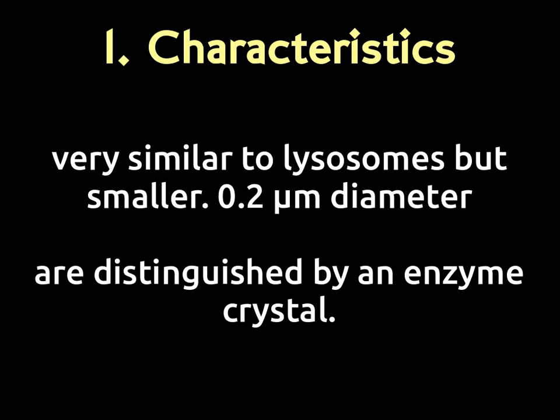And they tend to have crystalline enzymes. You can form crystals out of organic macromolecules, that's kind of cool. And these tend to have enzymes that are crystallized, and you can actually see these enzymatic crystals in them under microscopy, and that's how people have identified them.